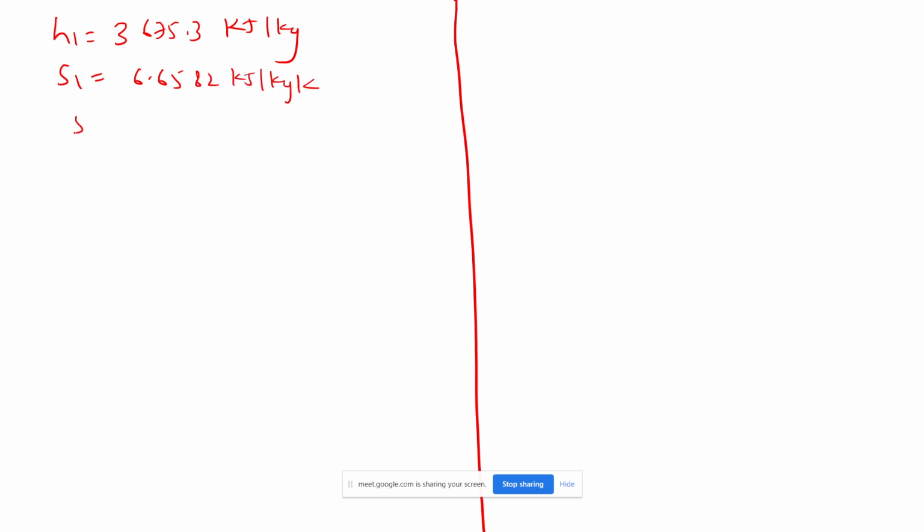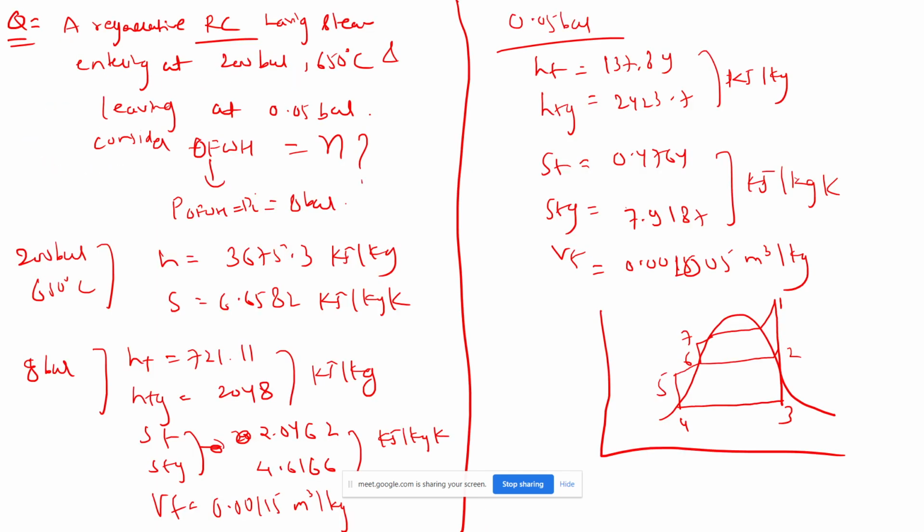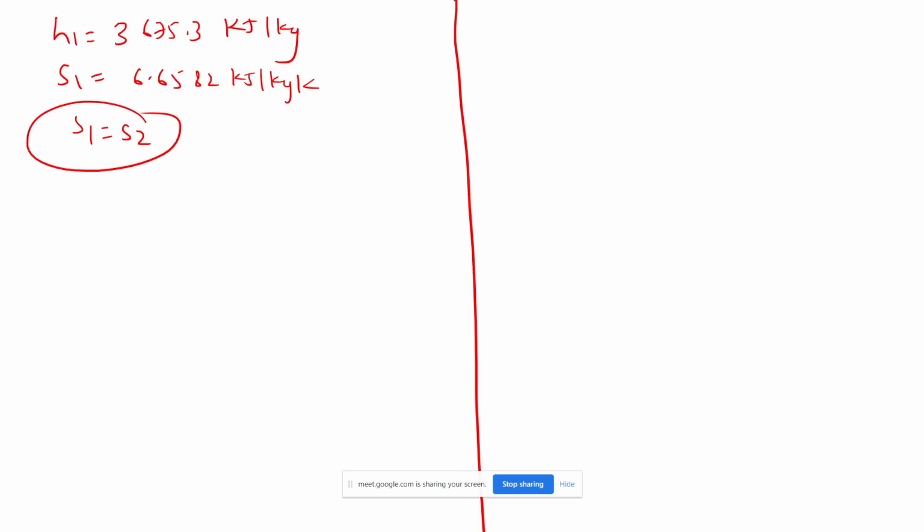Okay, so first we will apply the isentropic condition, because 1 to 2 and 1 to 3 are both isentropic. Because of the isentropic condition, entropy will be the same. S1 will be equal to S3 also.